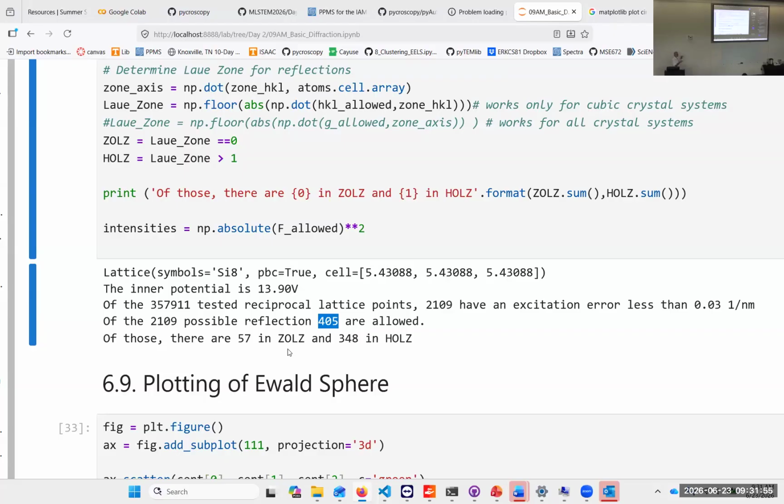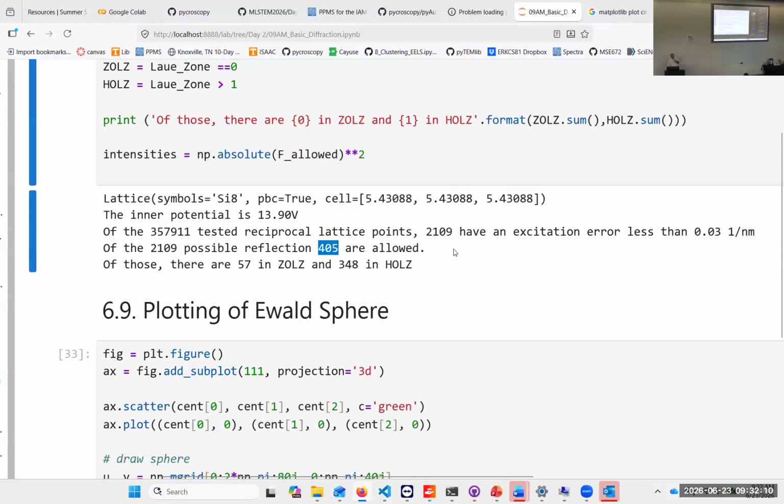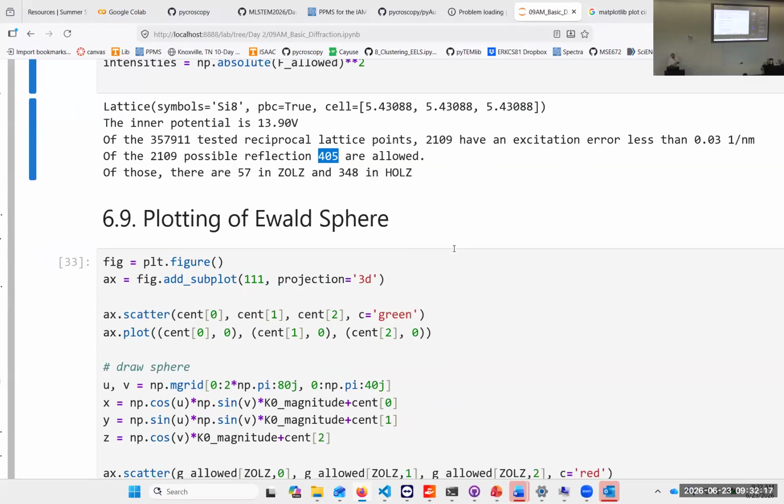So if you have a 1 nanometer thick sample, then it's 1 over 1 nanometer. With 10 nanometers, you have 1 over 10. The thicker it gets, the smaller the excitation error gets.